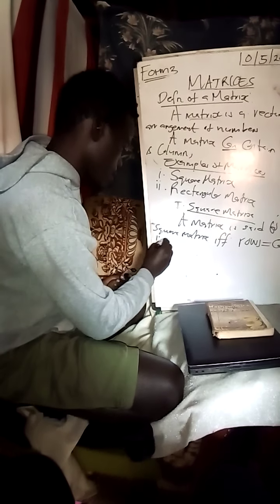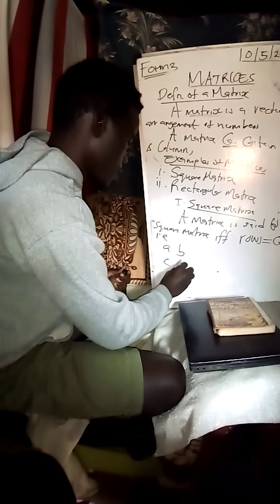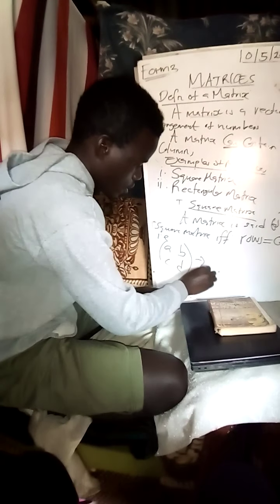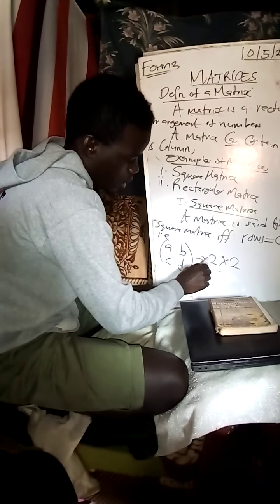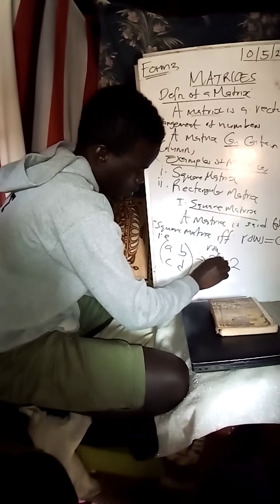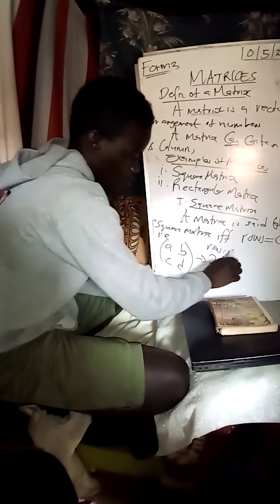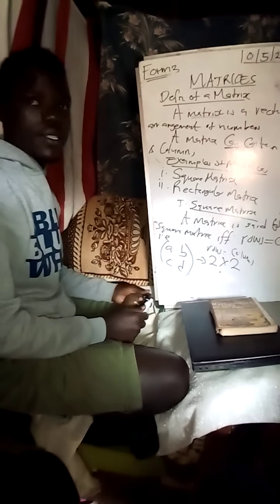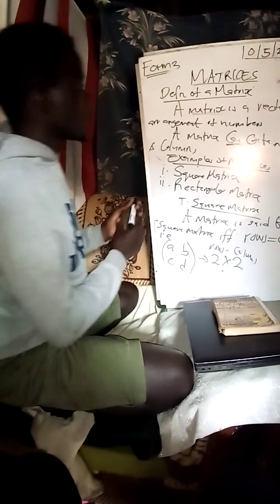I.e., we have A, B, C, D. So this one is a square matrix, which is a 2 by 2 matrix. The number of rows, as you can see, 1, 2, is equal to the number of columns, 1, 2. So such a matrix is said to be a square matrix.